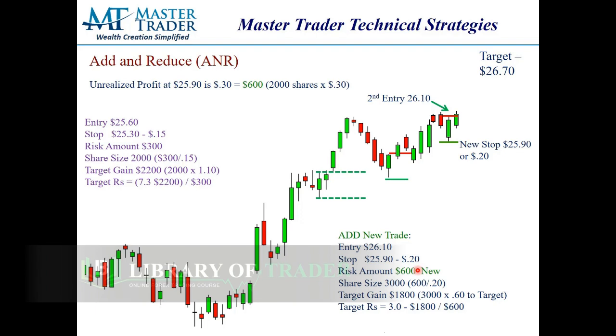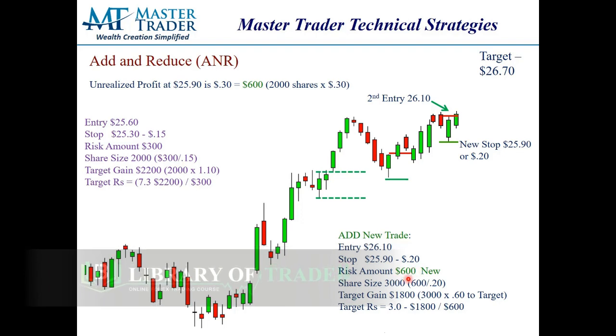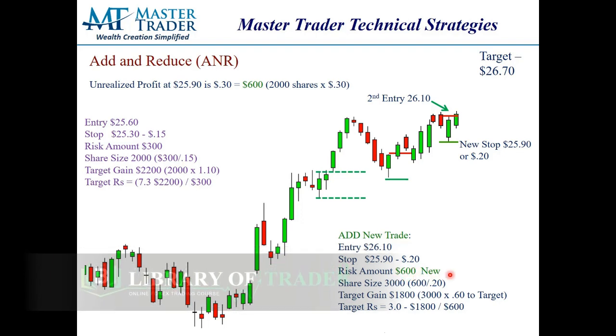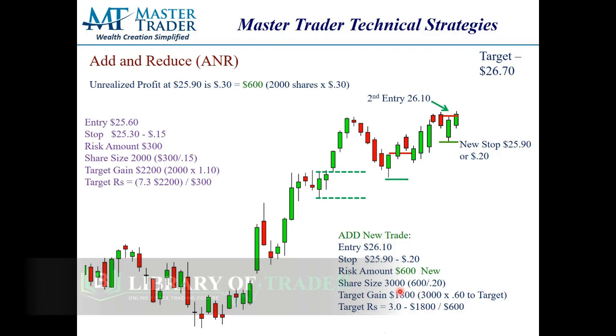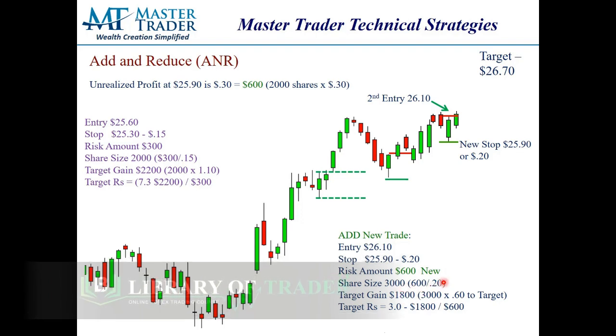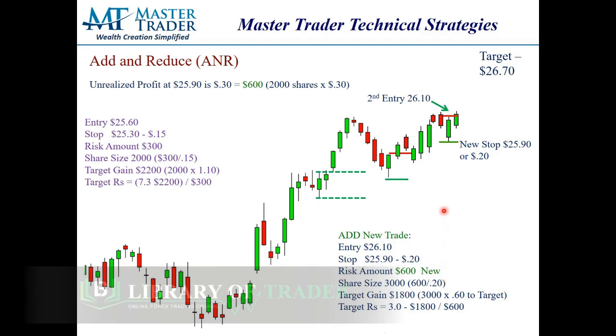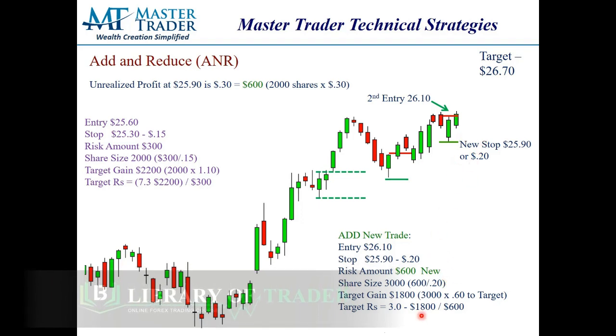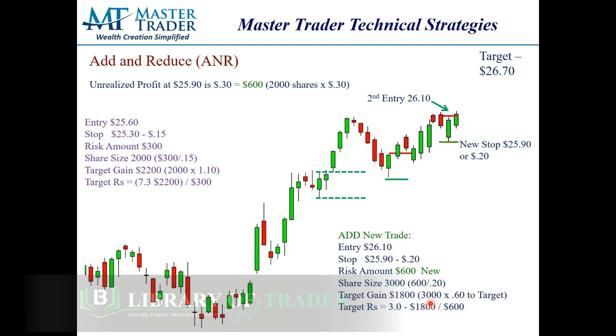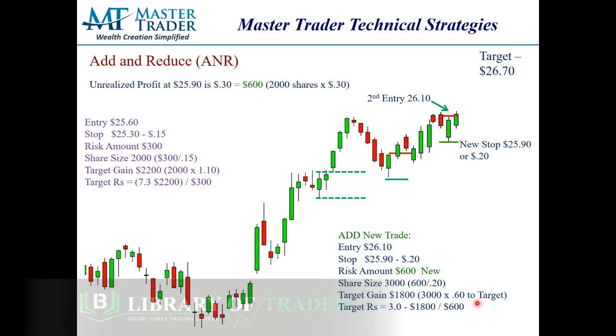There's a 20-cent stop. We take that $600 and buy more shares. Well, we can buy another 3,000 shares. And if we reach the target with those 3,000 shares, we'll make another $1,800. 3,000 times 60 cents to target. And that would give us 3 R's, or 3 times our money. $600 made us $1,800. That's 3R.